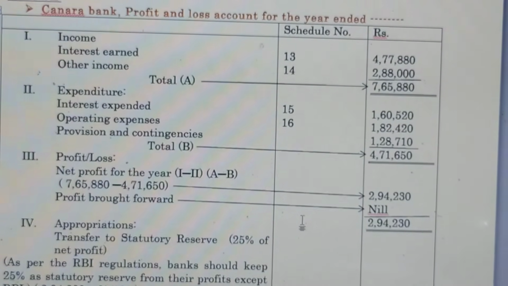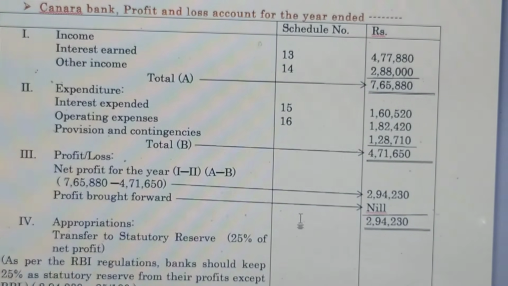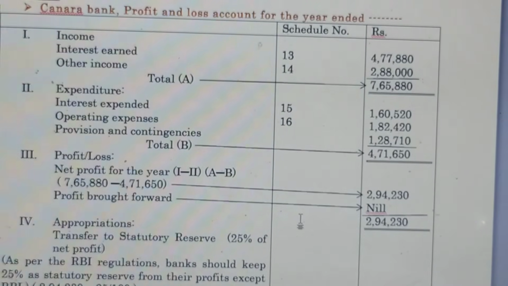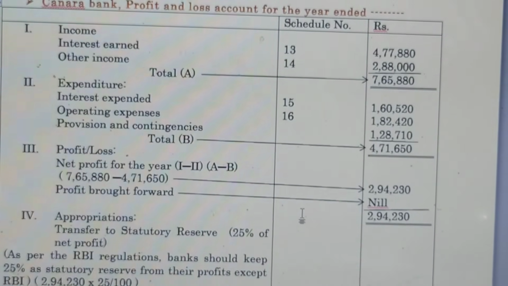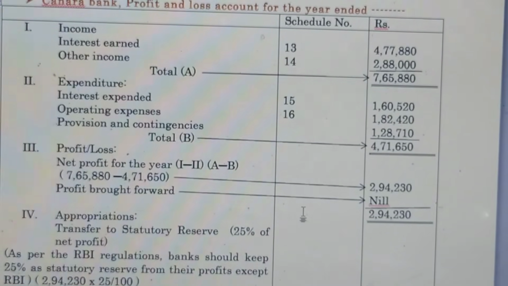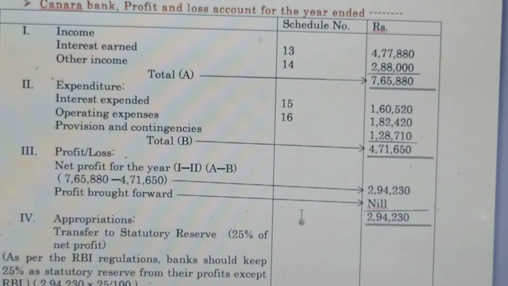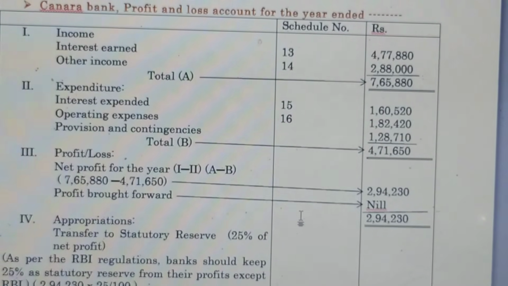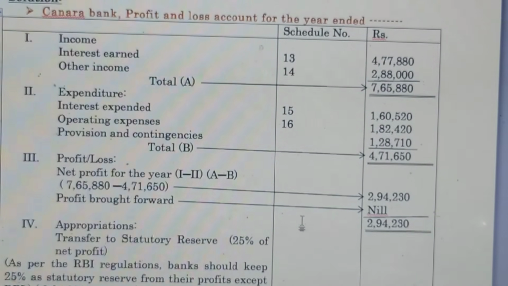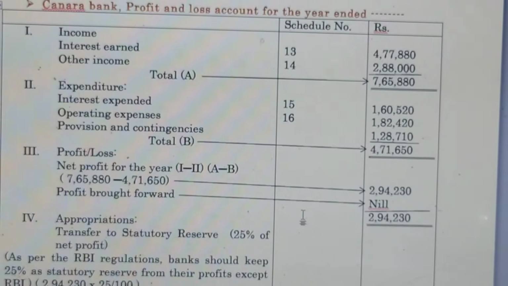Then we have to mention Roman letter 3, that is profit or loss. So now we are going to find out the net profit of the bank. We can compare total A minus total B, or Roman letter 1 minus Roman letter 2. Either we can use.